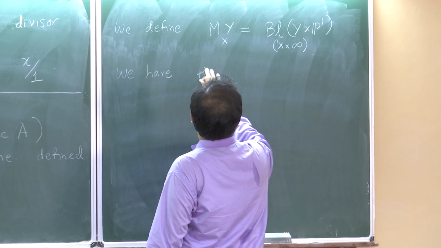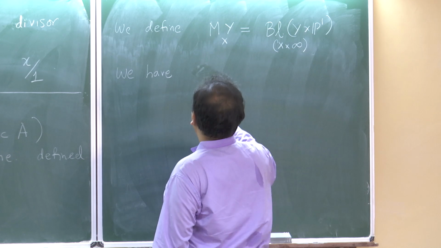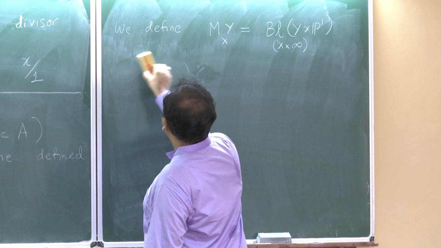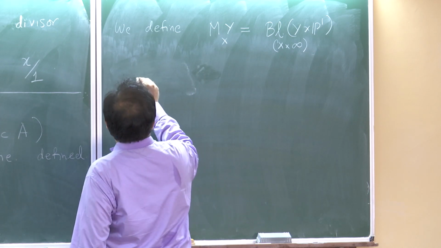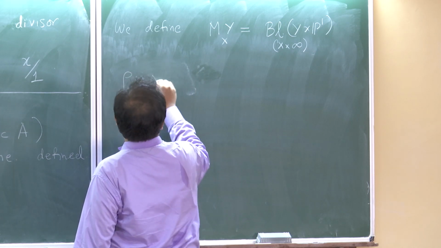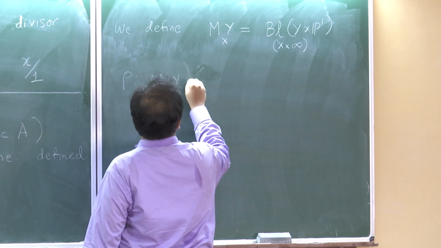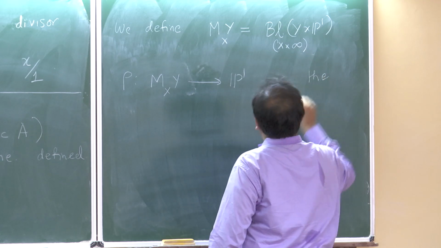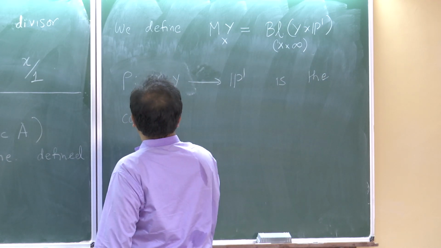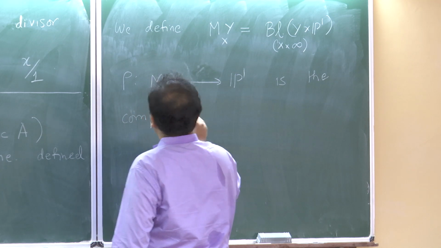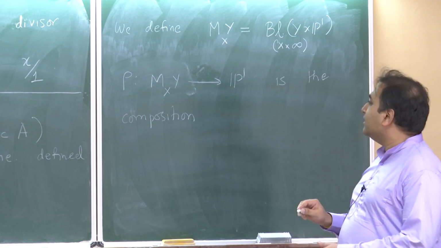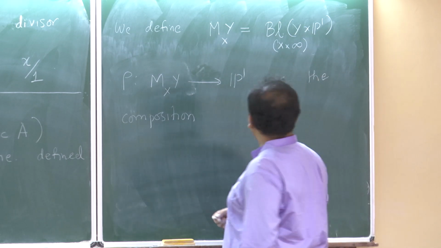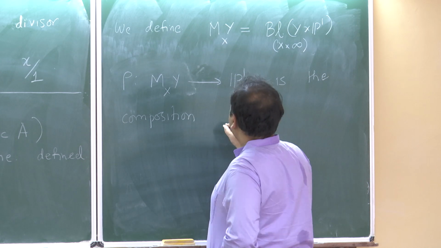We have the homomorphism rho from M_X Y to P1, which is the composition M_X Y to Y cross A1 to Y cross P1 to P1. He wants the variety at 0 to be the starting norm, I understand, but ultimately the calculation is going to happen at infinity, so he will use a parameter over there.